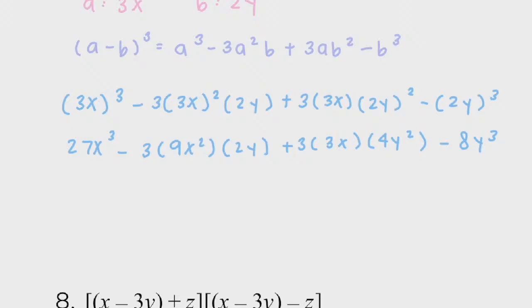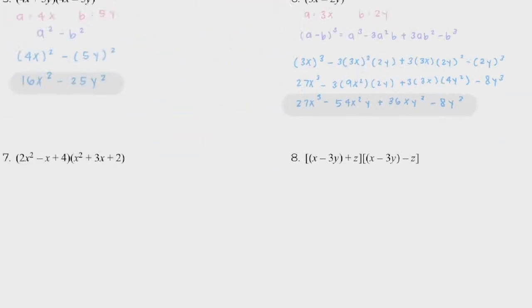Okay, and then next we'll want to multiply things together. So this will be 27x cubed minus 54x squared y plus 36xy squared minus 8y cubed. And we can't combine any like terms, so this is going to be our final answer.